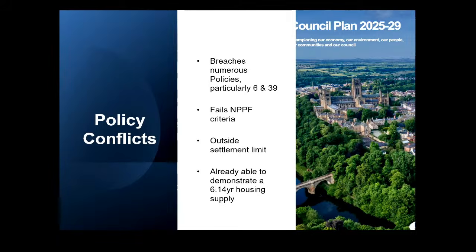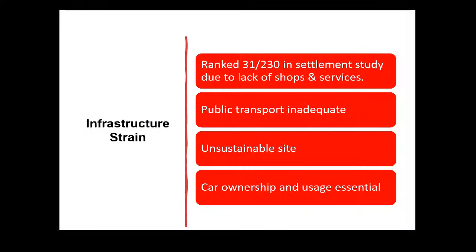This application has faced little objection from the community as it complies with policy and is appropriate in terms of scale and location, unlike the site we're looking at. Next slide, please.